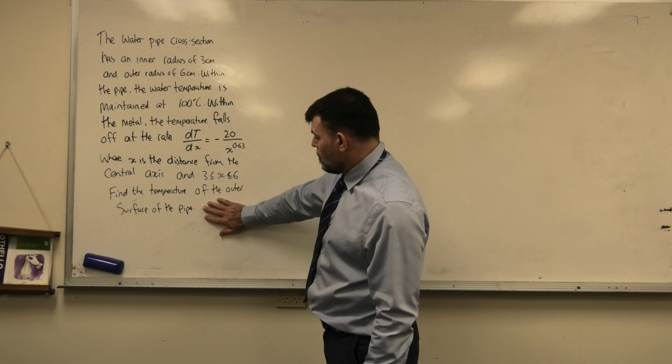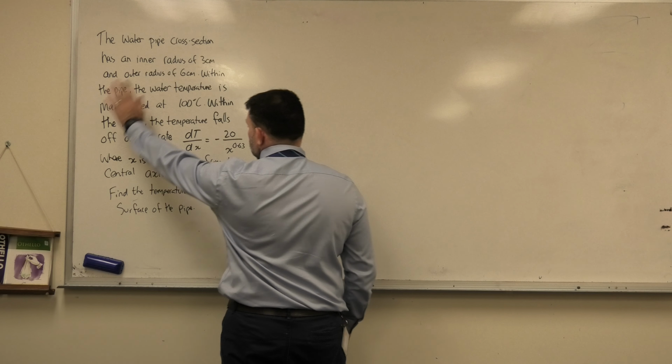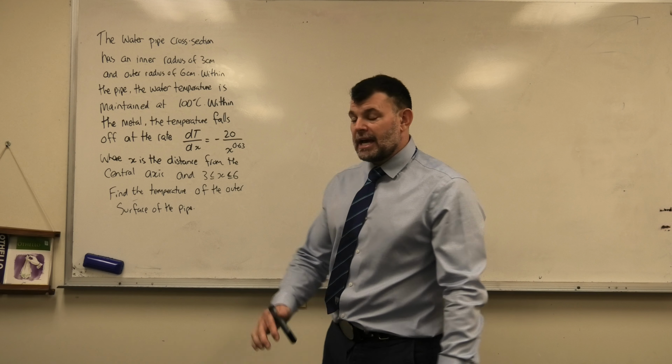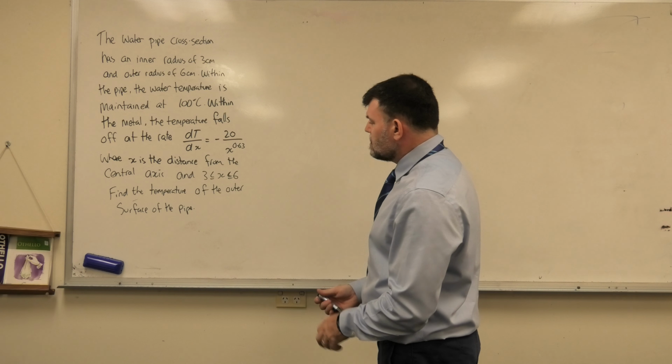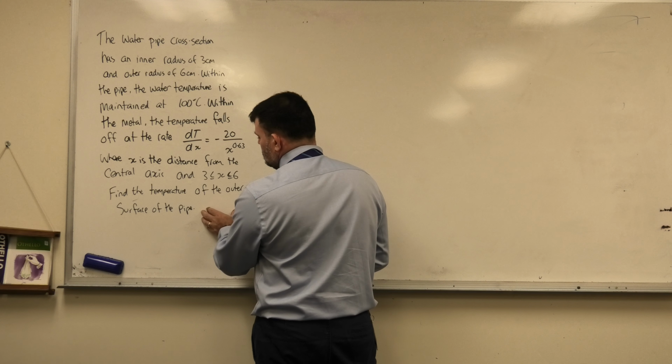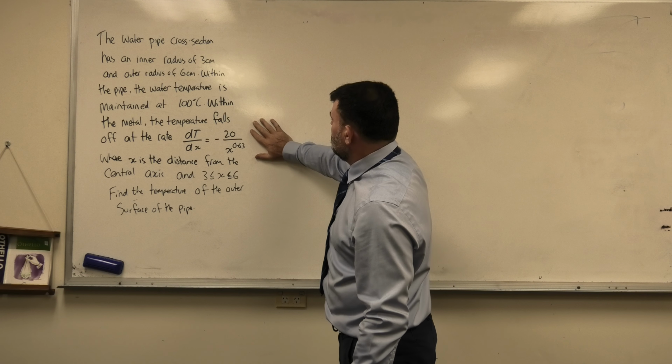Find the temperature of the outer surface of the pipe. Unlike the last example, where steps were given to us, we've got to take these steps ourselves. In order to find the temperature of the outer surface, we've got to work out what the actual temperature function of the pipe is.